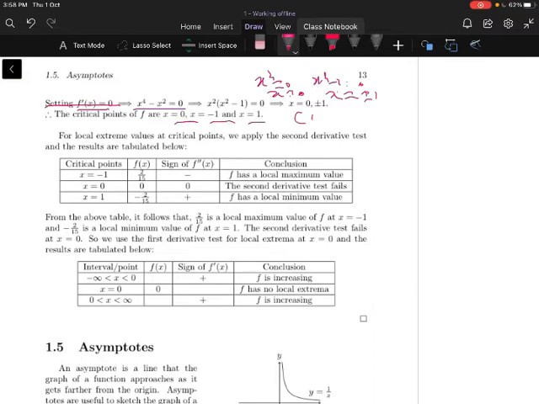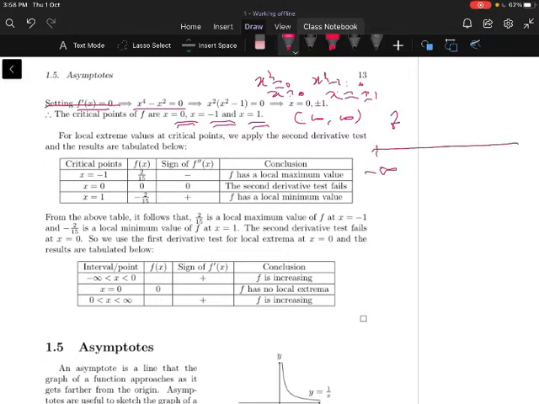Therefore 0, minus 1 and plus 1 lie in the interval minus infinity to plus infinity, that is, they lie in the domain of the function f. Therefore 0, minus 1 and plus 1 are the critical points of the function f.